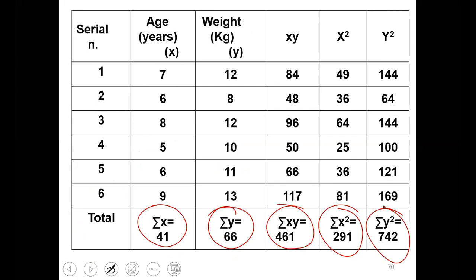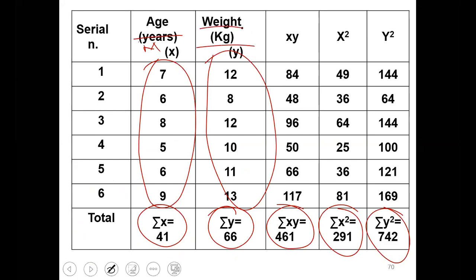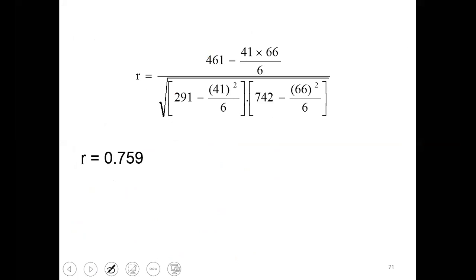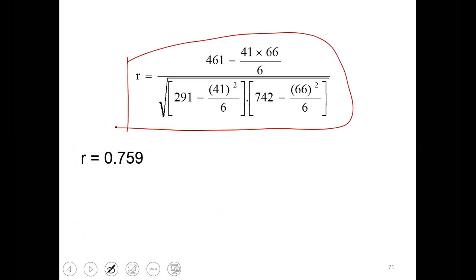You need all this information from the previous example. The age in months, not years. If you calculate, you simply have to fill in all the blanks. All the details are there.